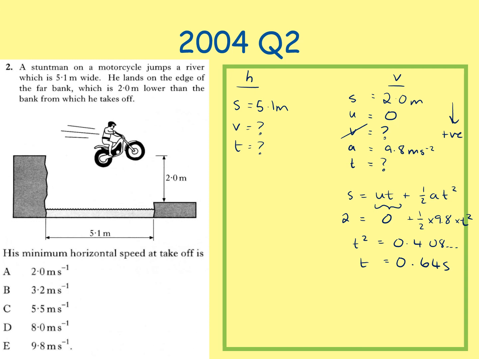We can then use this time, 0.64 seconds, to work out the velocity horizontally. So s equals vt, 5.1 equals v times 0.64, and rearranging this for v gives a value of 8.0 meters per second. This corresponds to answer D.